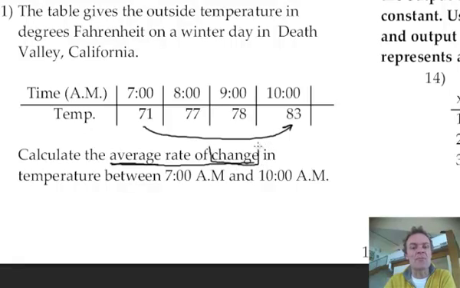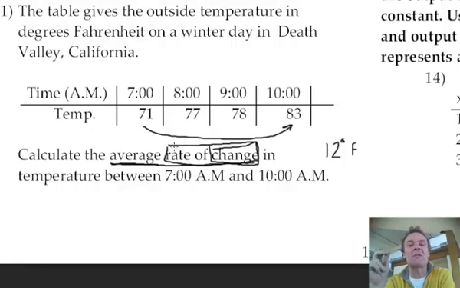The change is 12 degrees Fahrenheit. That's how much it changes. Now, the rate of change is how far it changes per hour, like miles per hour, miles per gallon, price per ounce. These are all unit rates, but they're a rate.